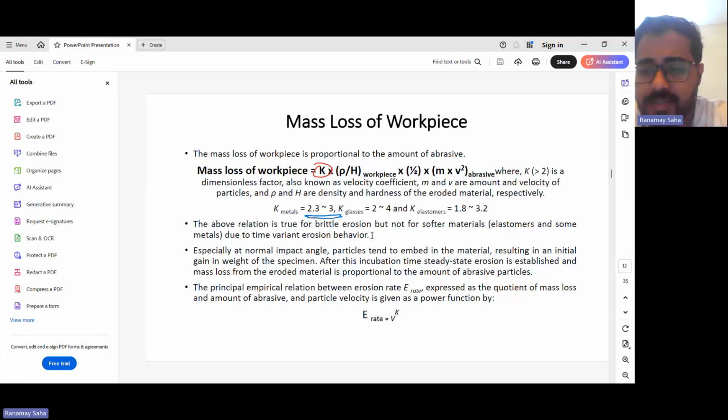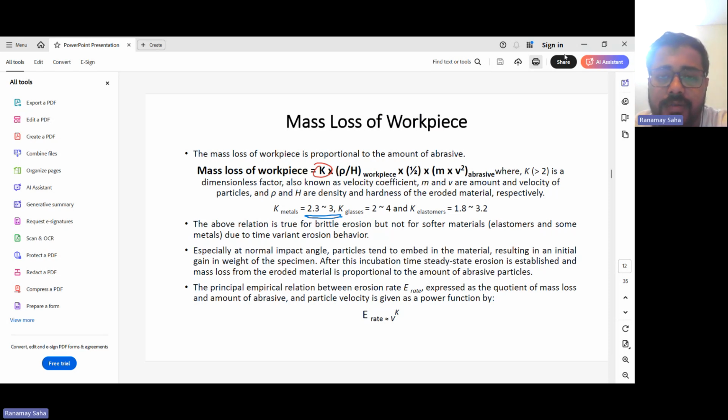So I hope you can see my screen, and in that case, let's start with a concept called mass loss of workpiece. Okay, something like that is seen when there are abrasives hitting the surface in the case of abrasive jet machining.